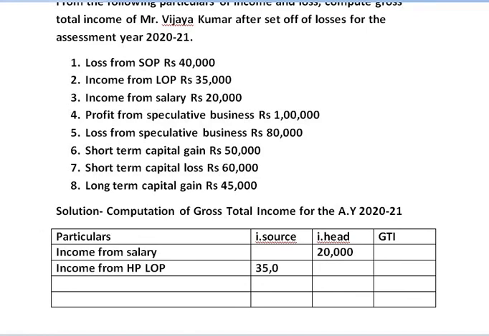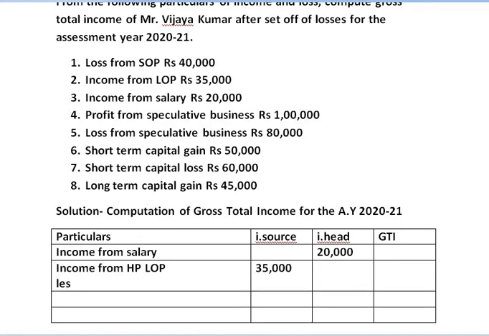Take down this amount in the inner column, that is the inter-source column. In the next line, less loss from self-occupied property, and this loss amounts to rupees 40,000. So the balance of loss we find is rupees 5,000. Now this 5,000 is set off against the salary income. Now the salary income balance will be 15,000.